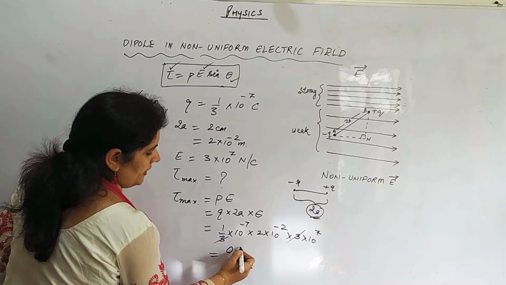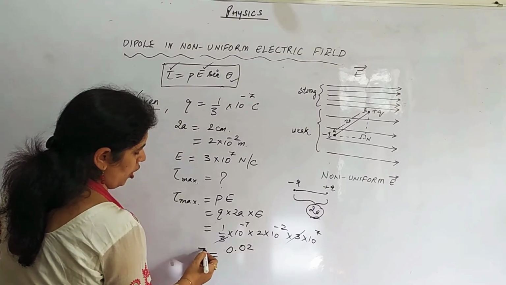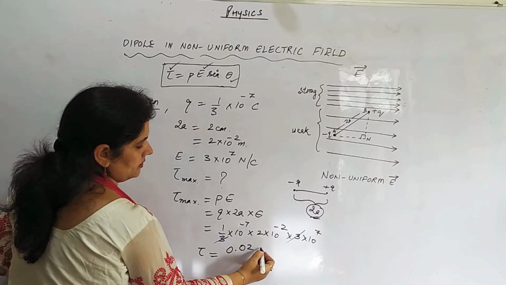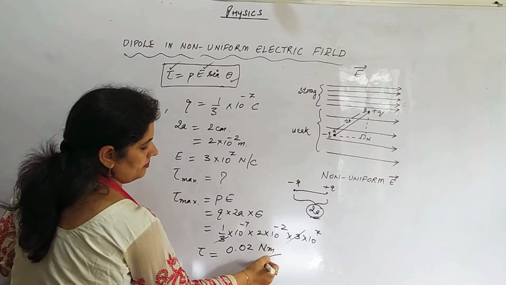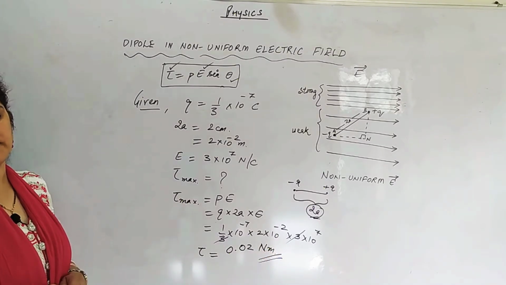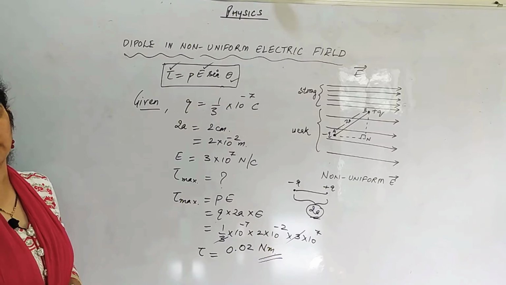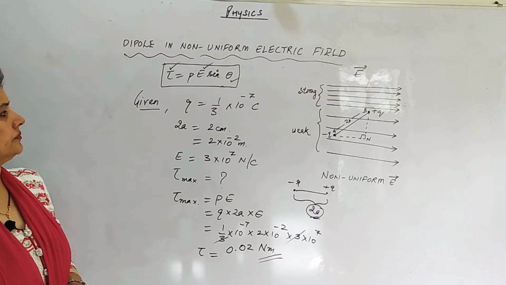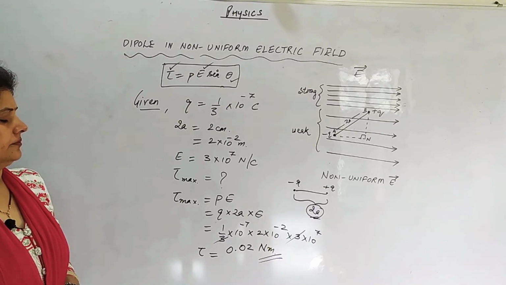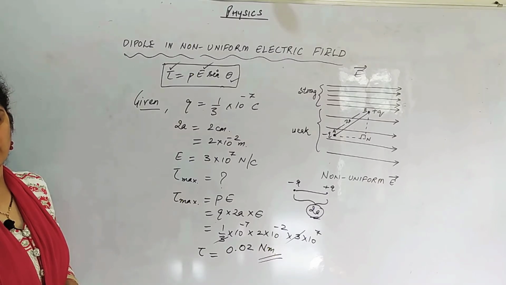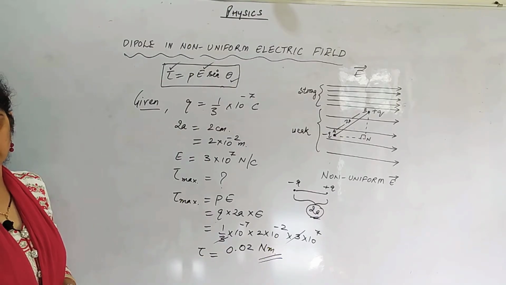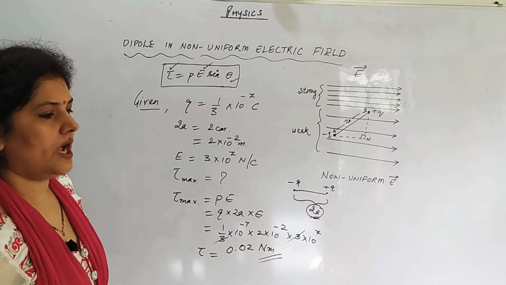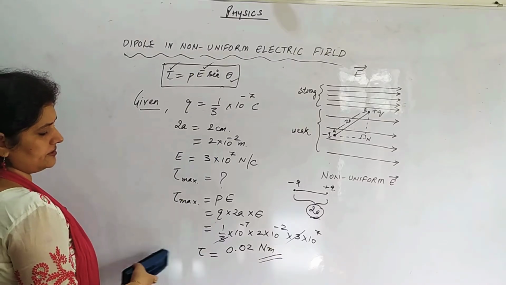Torque, the SI unit is Newton meter. So the answer is 0.02 Newton meter, right? I hope everyone has got the answer. It's very simple.